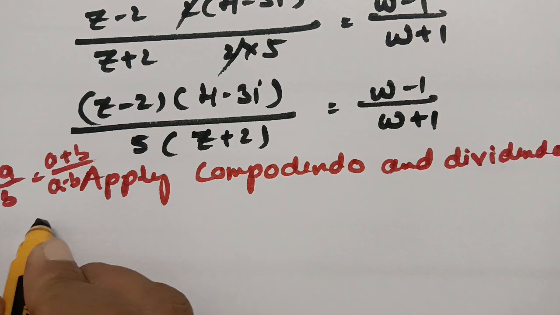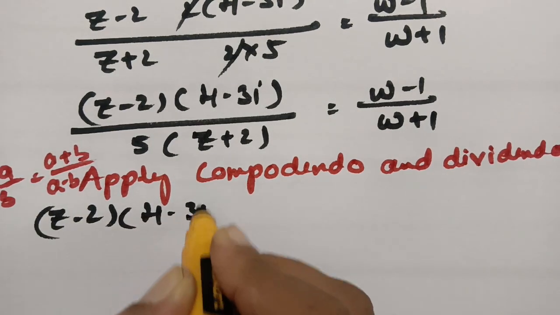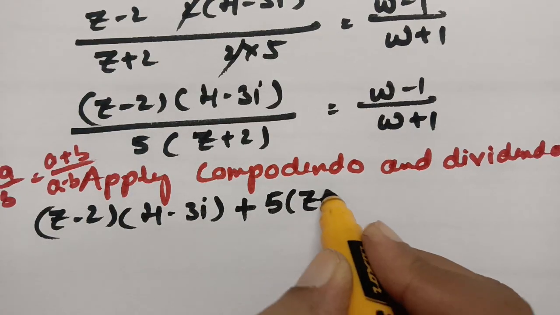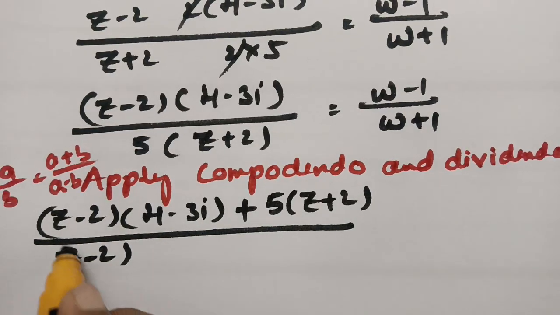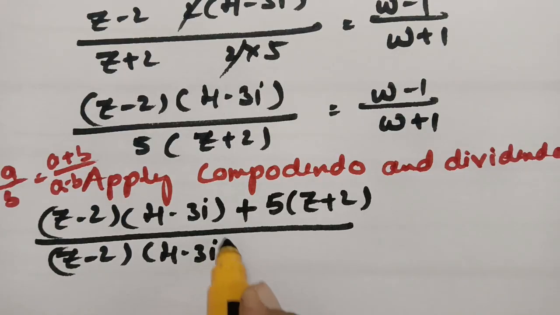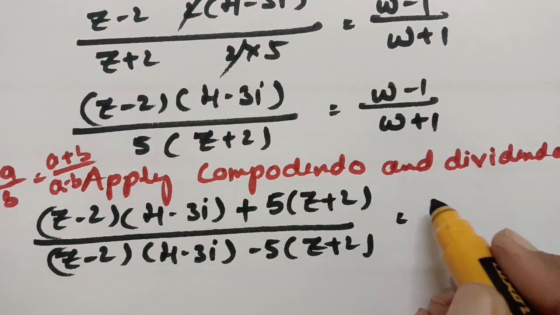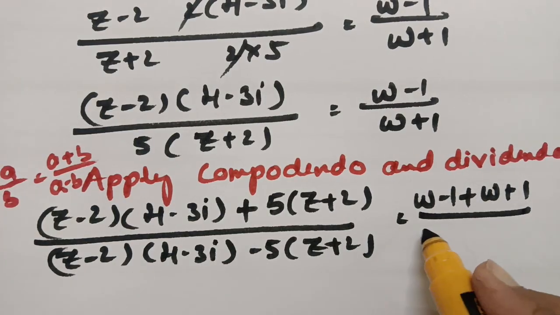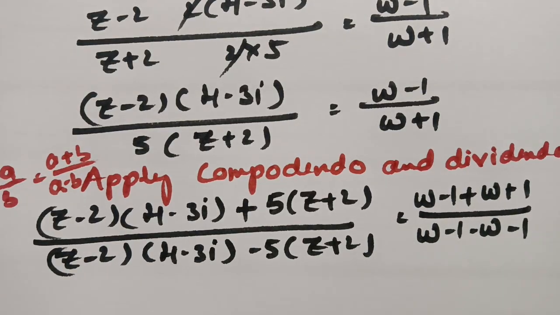And so this is going to be (z - 2) into (4 - 3i) plus 5 times (z + 2), divided by (z - 2) into (4 - 3i) minus 5 times (z + 2), and here it will be (w - 1) + (w + 1), over (w - 1) minus (w + 1).